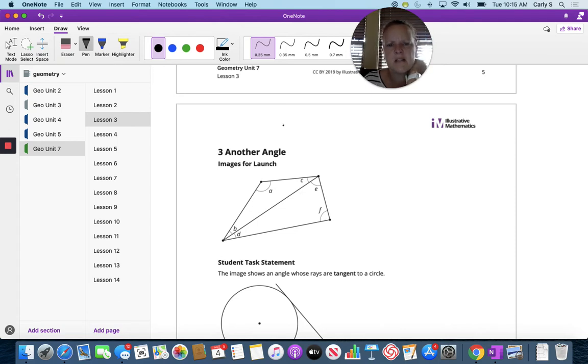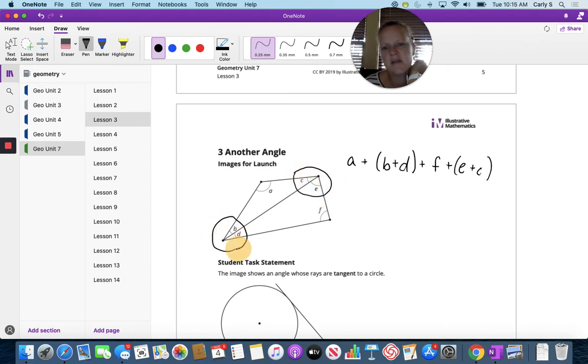So the sum of the angles are A plus B plus D plus F plus E plus C. I put those in parentheses, and remember with addition, parentheses are no big deal. They just group.